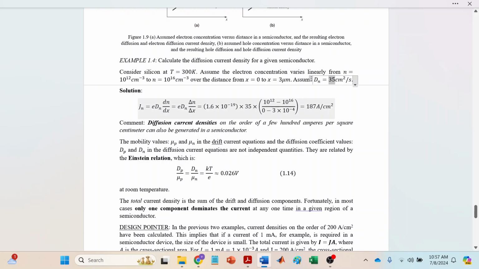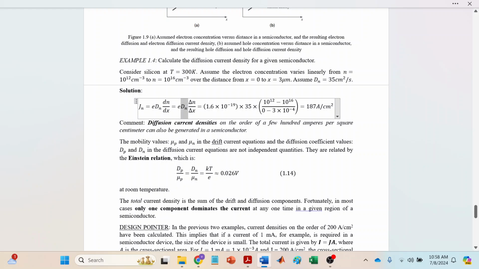I want to calculate the electron diffusion current density. We're going to use this formula. The value of the electronic charge is a constant.